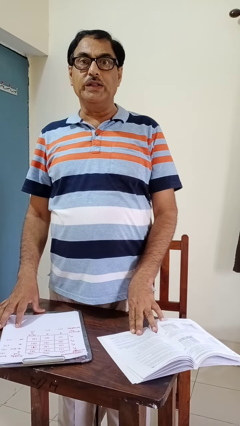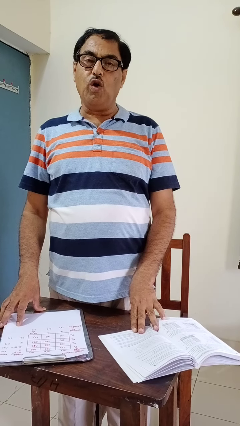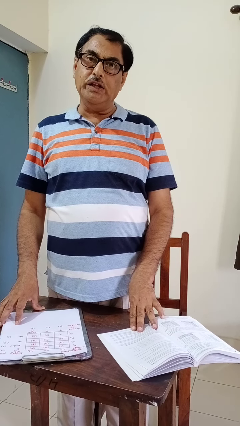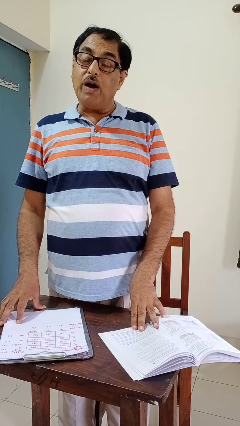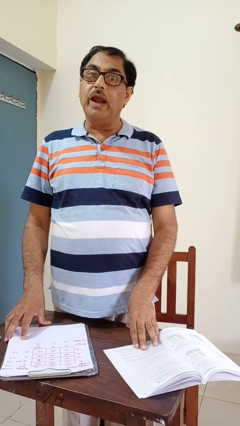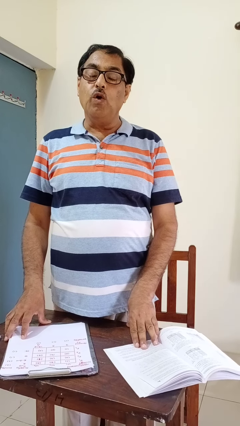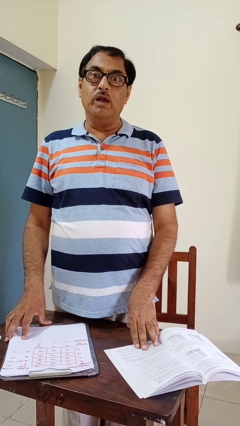So in step first, we find the penalties of each row and each column. Penalties are found by taking the difference between the smallest cost and the next smallest cost of each row, and in a similar way in each column.